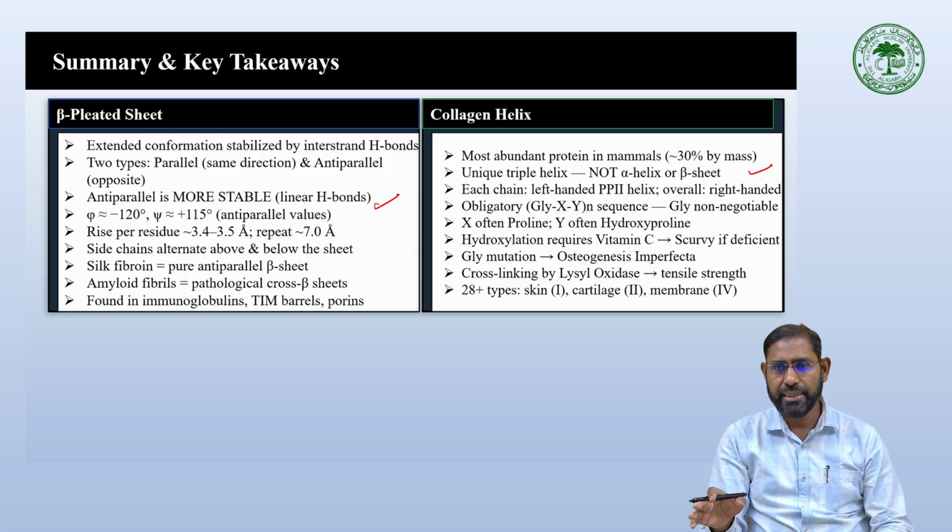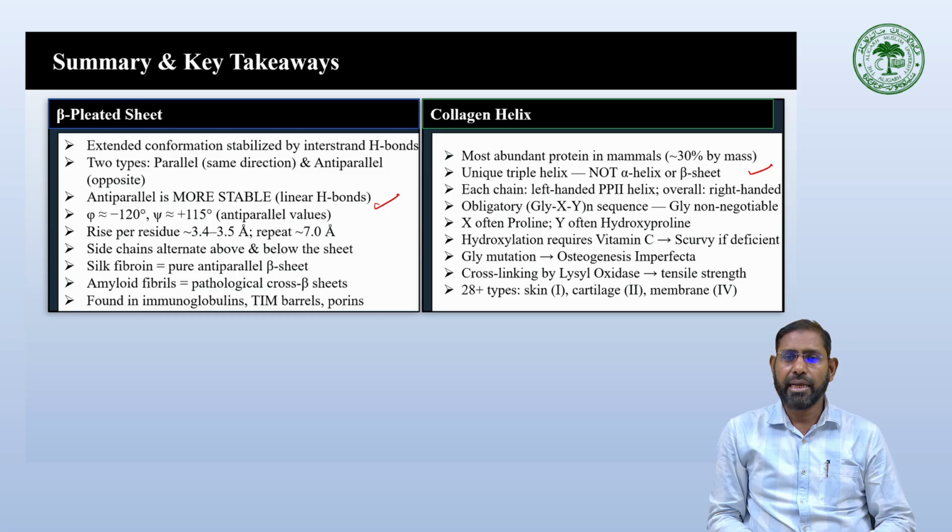Overall it is right-handed, with an obligatory glycine-X-Y sequence. Glycine is non-negotiable, a must and important amino acid for the collagen helix. X is often proline, Y is often hydroxyproline. Hydroxylation requires vitamin C, and if there is deficiency, you get scurvy. And glycine mutation causes osteogenesis imperfecta.